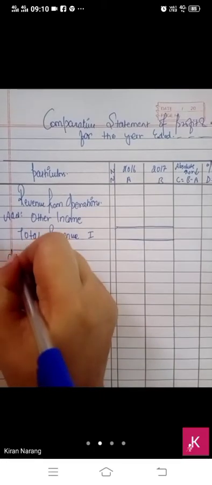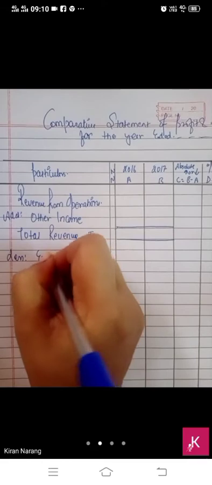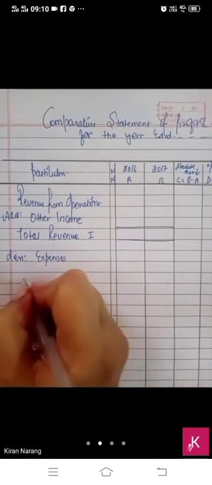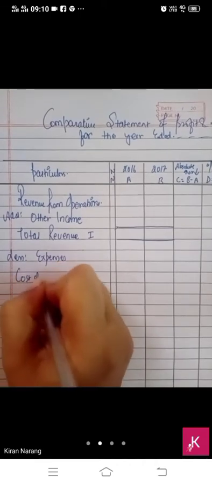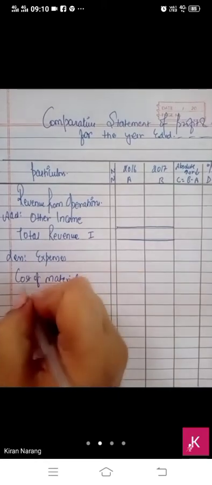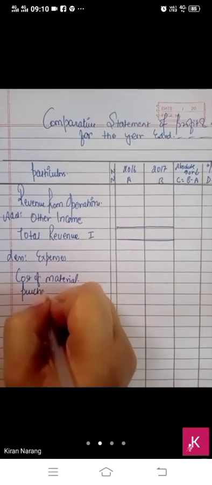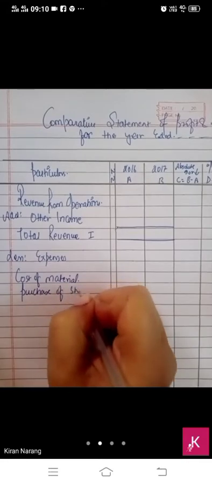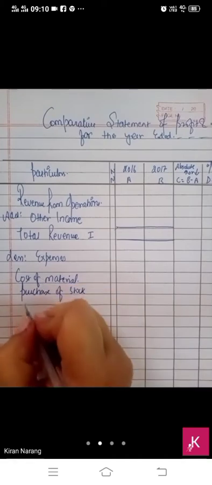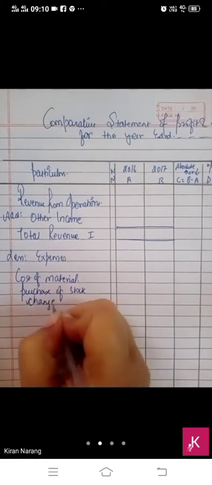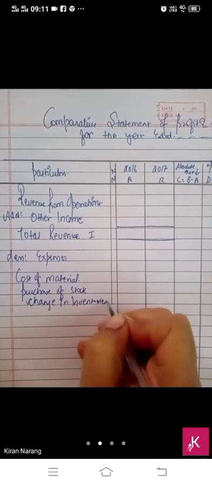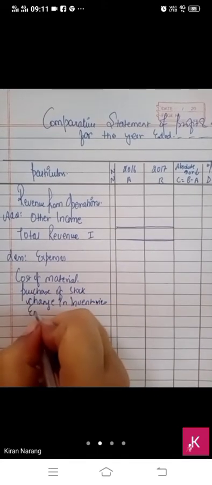Now we have to deduct expenses from the revenue. There can be a lot of expenses like cost of material, purchase of stock, then change in inventory, employees benefit expenses.